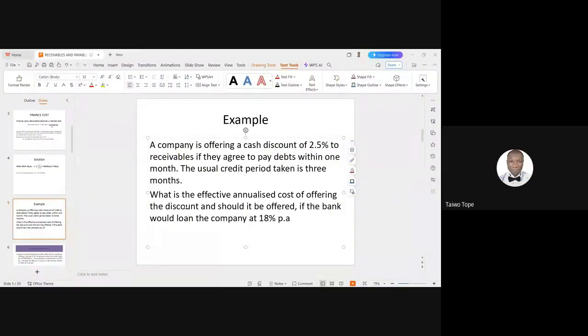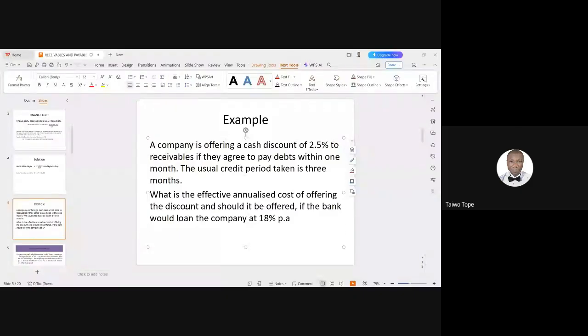It means that if I'm getting a loan 6 times, for every 3 months in a year, and I'm paying back within 1 month, I will save 2 months.